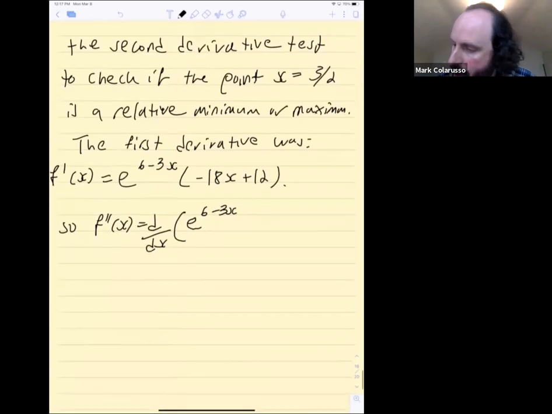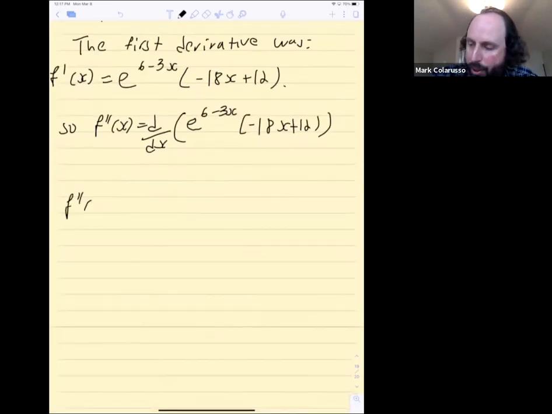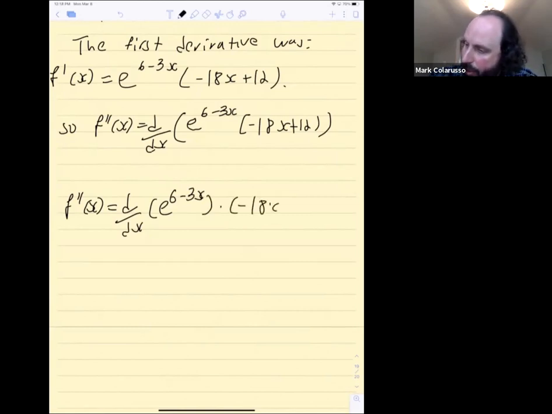All right, so now go to the second derivative. So this is the derivative of this guy. And this is, again, a product rule, chain rule combination. I'll go through it a little bit faster because it's kind of a repeat of the same calculation we just did with slightly different numbers involved. So the derivative of the first factor times the second, plus the first factor times the derivative of the second.